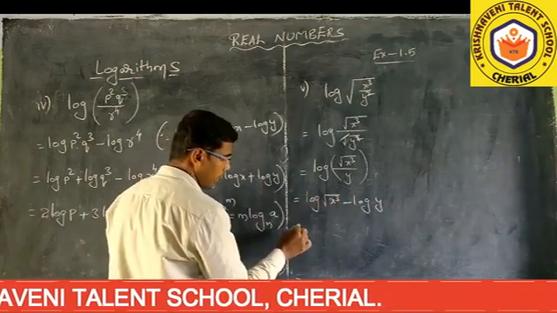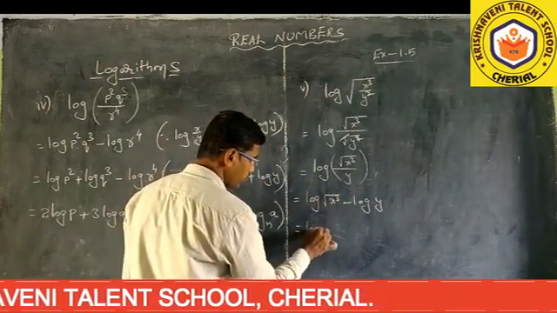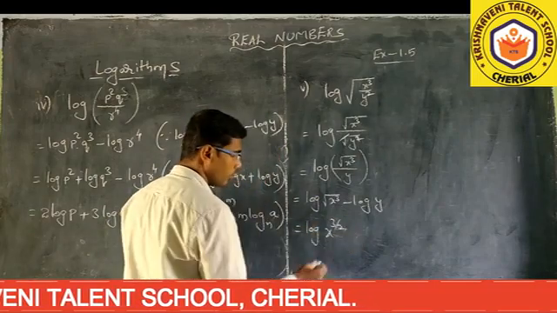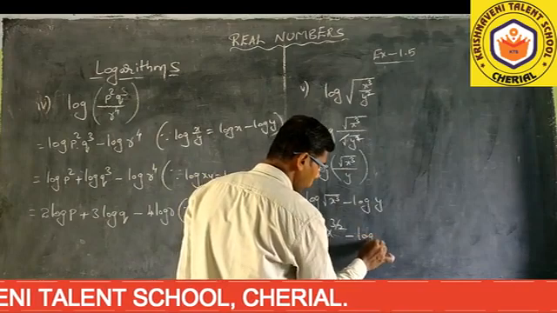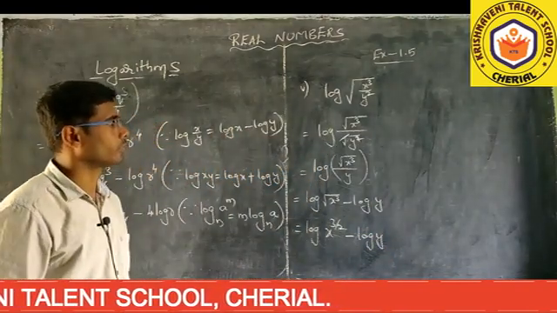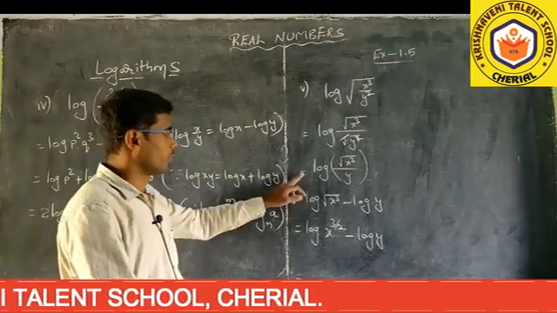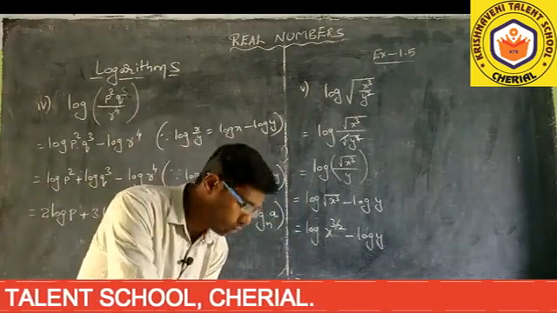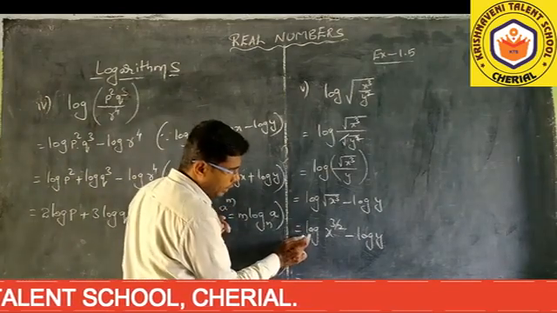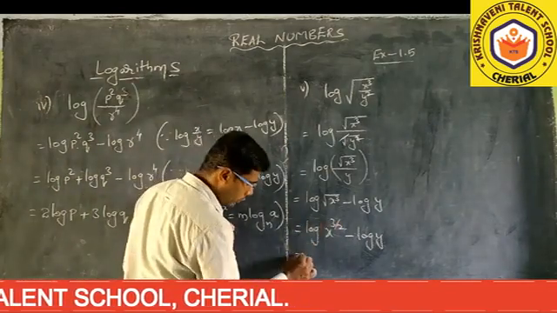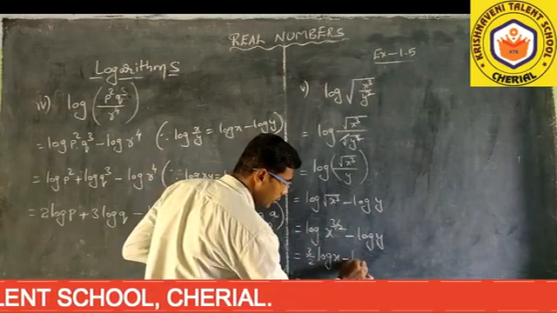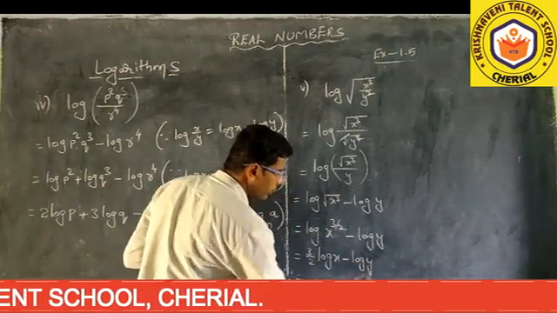Log root x cube, how can we write it? We can write it as log x to the power of 3 by 2 minus log y. If you apply the third law, log a to the power of n, it equals 3 by 2 log x minus log y.